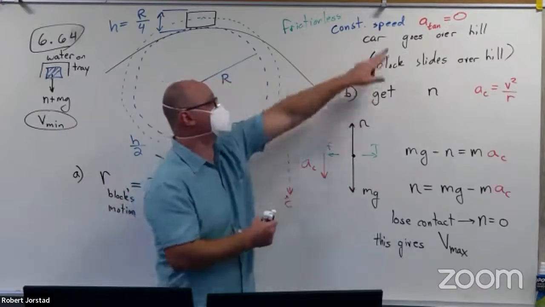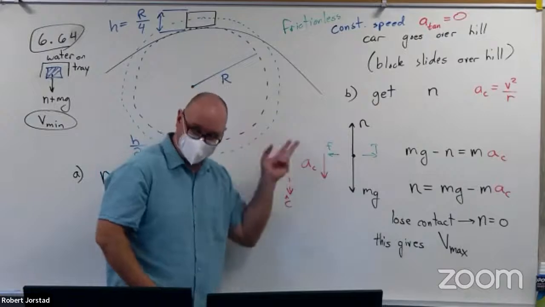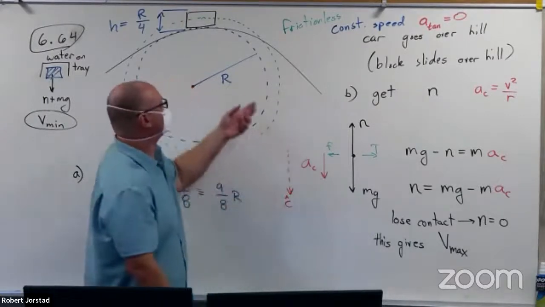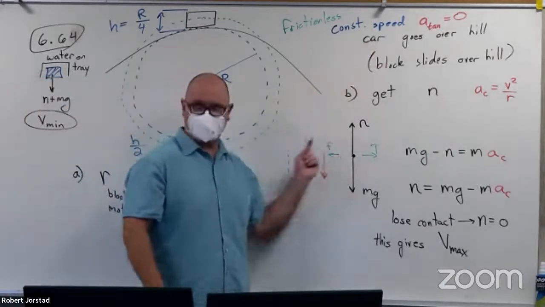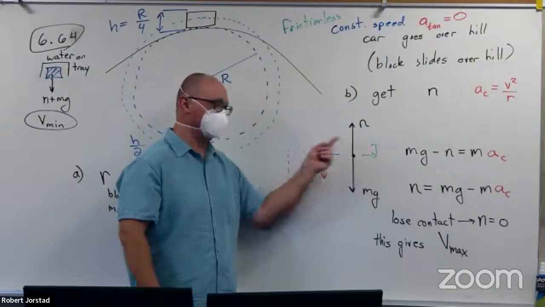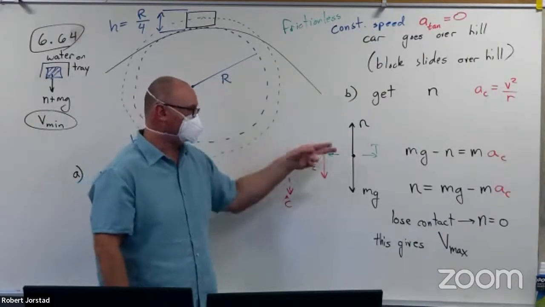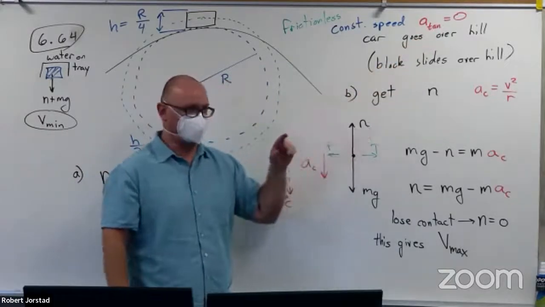If a_tan is 0, the left-rights balance, yes. Did that make any sense? Watch out for this. If you're at the top or the bottom, usually a_tan is 0, the left-rights balance, so we don't need to discuss the forces left and right. Students sometimes get really caught up in the left-rights, but just remember, a_tan is 0, left-rights balance. Enough on that?